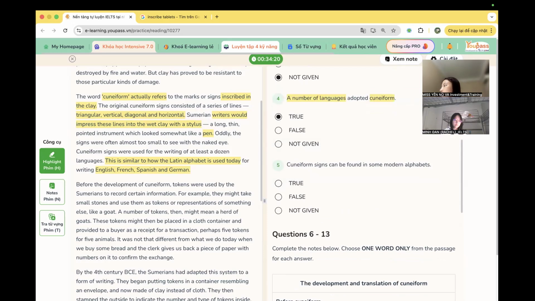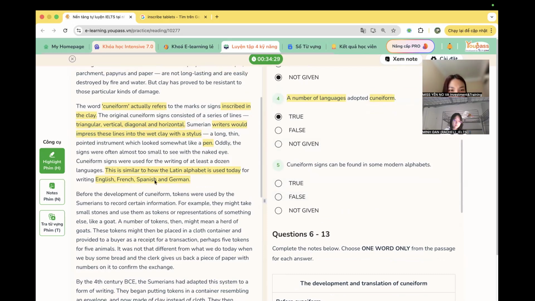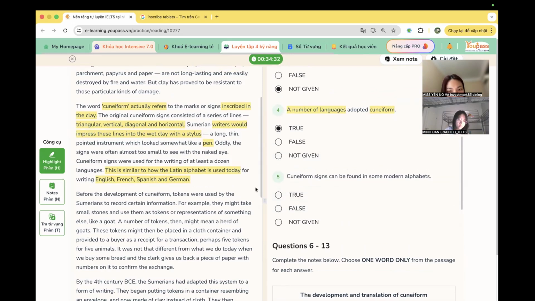Because you see English, Spanish, and, well, yeah. You can see English, French, Spanish, and German is a confirmation for this answer.